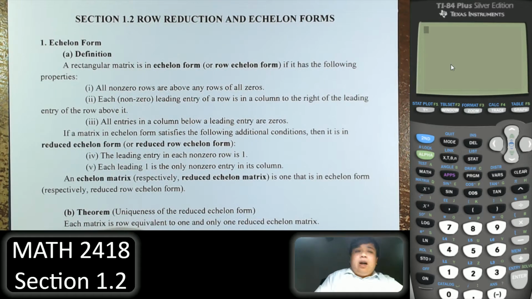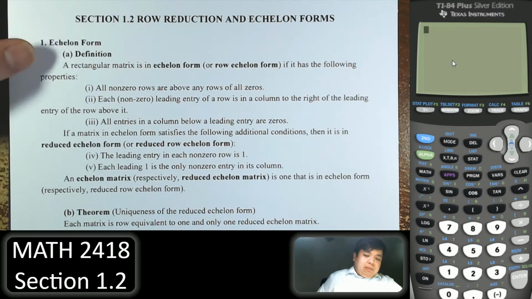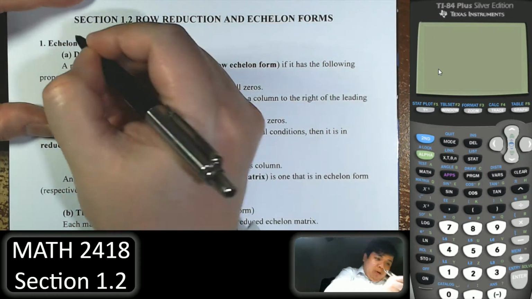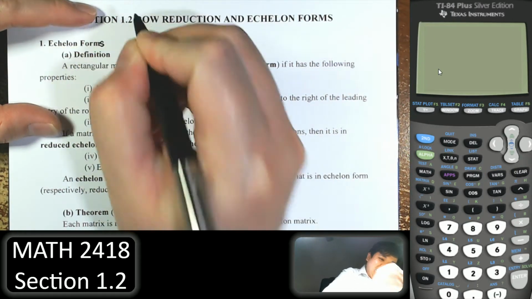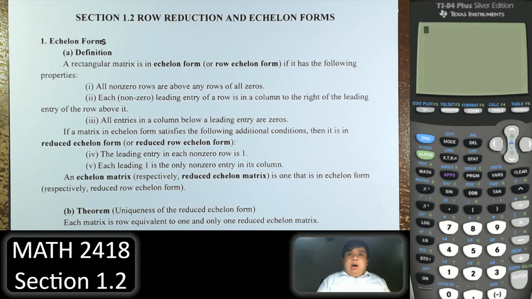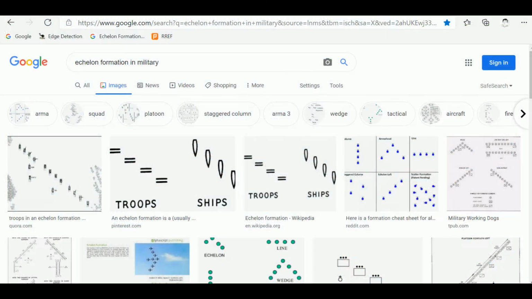First, echelon forms, because there will be more than one. So I just went on Google and typed what is echelon formation. Say in the military, there is a picture like this.